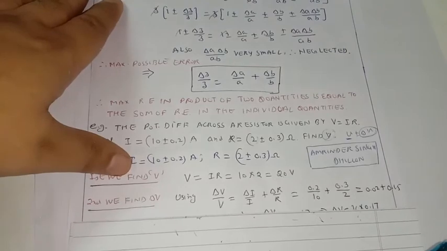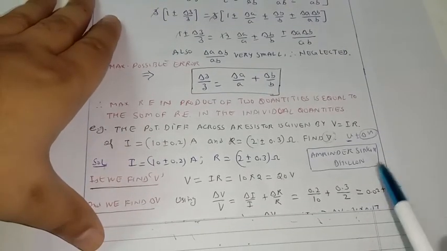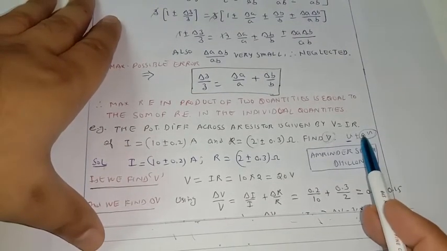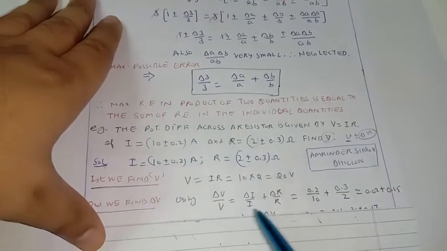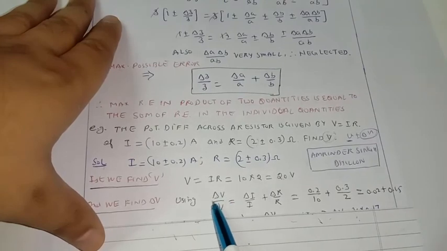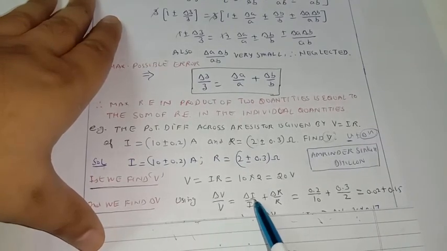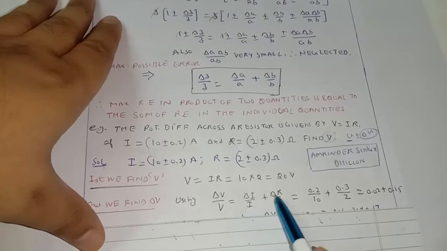Now when it comes to finding delta V, we are trying to find the absolute error, and in this case we have a product of two quantities. So this formula will be applicable, that is the relative error in V, delta V over V, will be equal to the sum of the relative error of current and that of resistance.